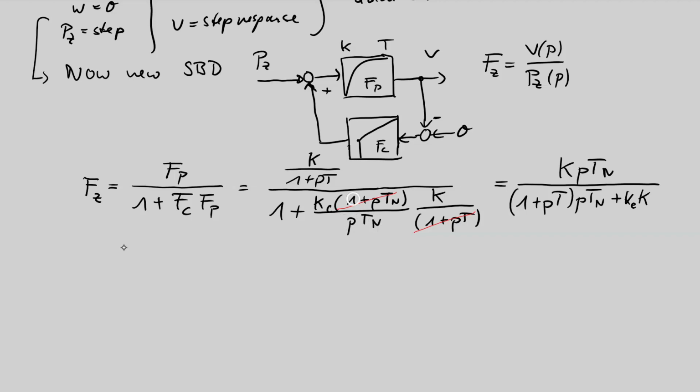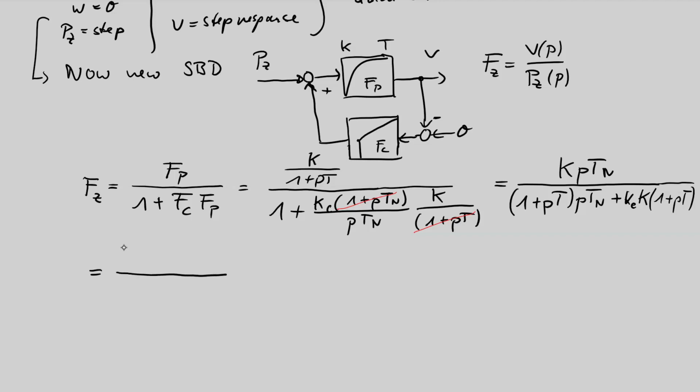Ptn is reduced, but 1 plus Pt is still a factor we have to write here, 1 plus Pt. And you see, okay, this is now a second order function in the denominator. We have a p times p, p squared. We have a first time expression, p, and here a p, and we have p to the power of 0 constant factor in the denominator.